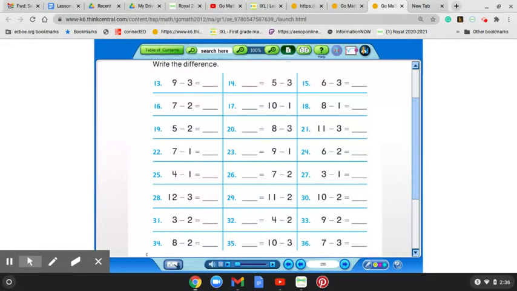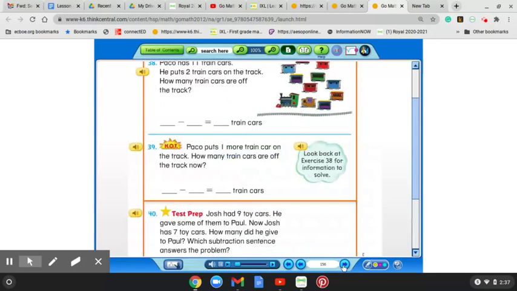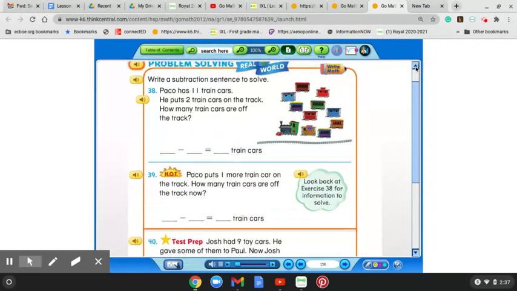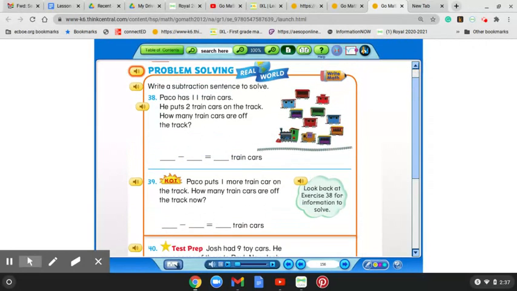At this point, you would want to pause the video until you have completed 1 through 37. And when you get to this page, as you are working through, you will unpause the video and we will work through these together.